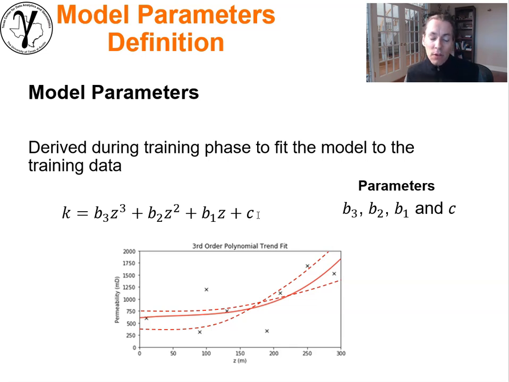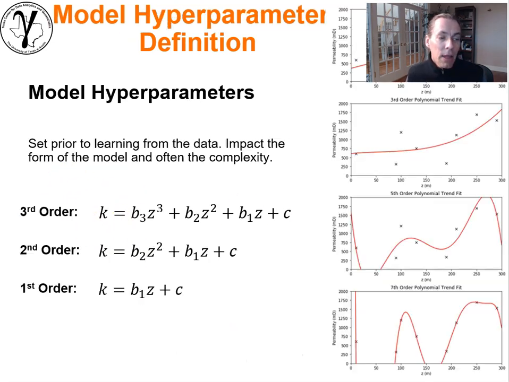These 4 parameters are the parameters we can change, and by changing them, the model can shift up and down. It can change the shape and form. We could even make it curve downwards or upwards, and so forth. So we have a lot of degrees of flexibility with this. But the hyperparameters are in fact different than this.